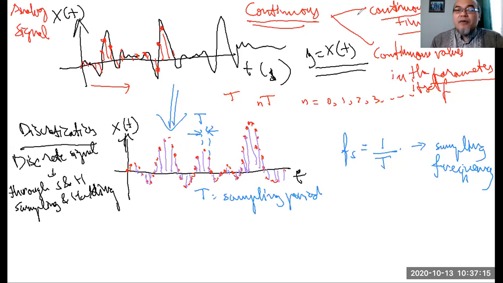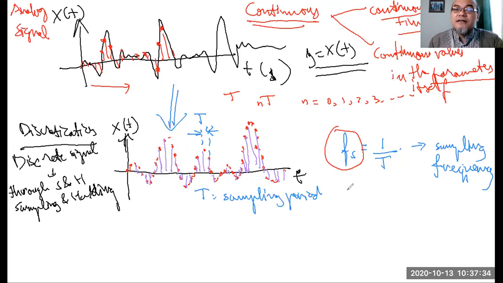An important parameter when we choose an analog to digital converter, for example, if we do not design the conversion ourselves but just pick an off-the-shelf converter, is the sampling frequency.